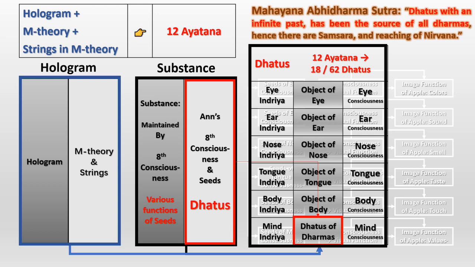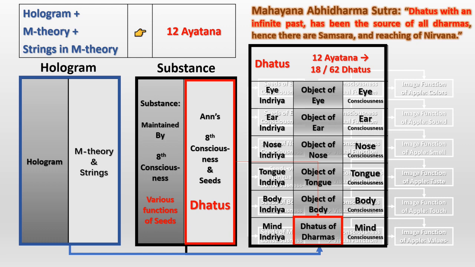By the same logic, the following equivalent can be said. Hologram, plus the 11th dimension in M-theory, plus strings in M-theory, are also the 12 ayatana. This means that the hologram is not an entirely passive realm, but has some hidden active elements.